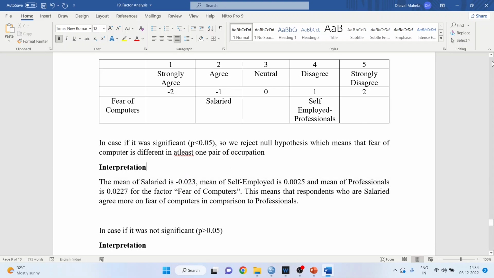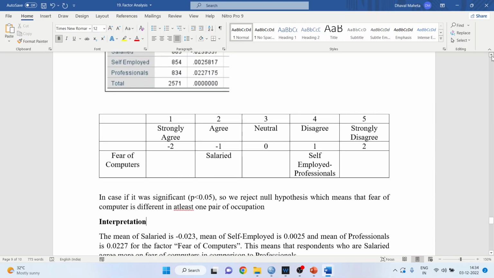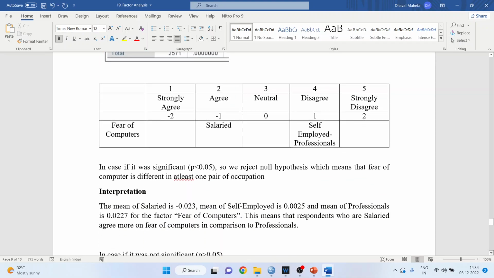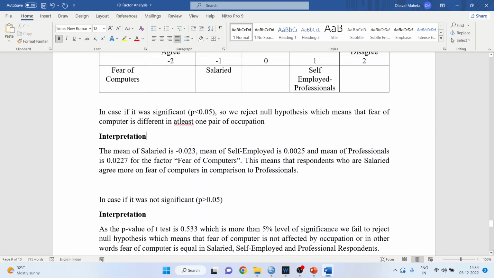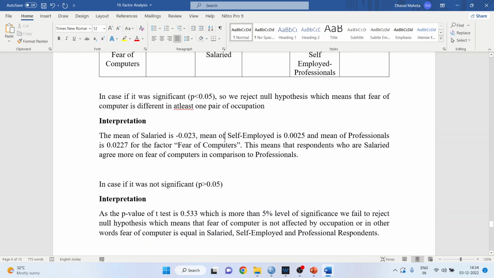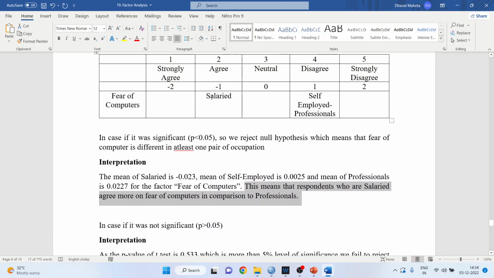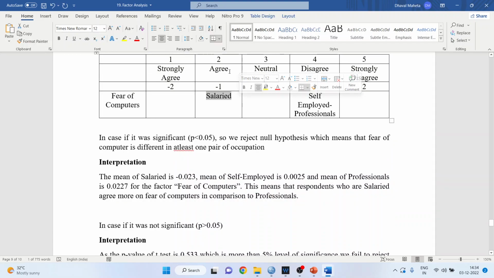I'm talking about this part, which I got from descriptive statistics, for the factor fear of computers. This means that respondents who are salaried agree more on fear of computers in comparison to professionals. How did we arrive at this interpretation? See, salaried is negative and therefore it is towards the agreement side.